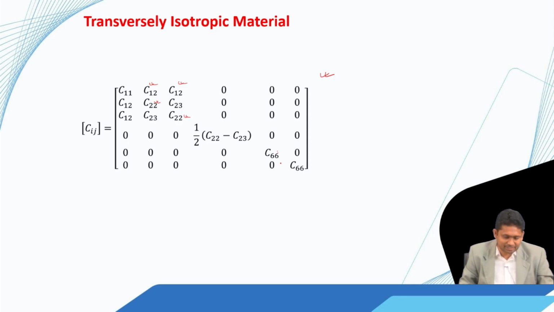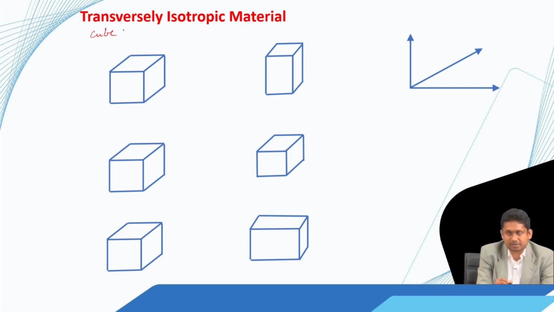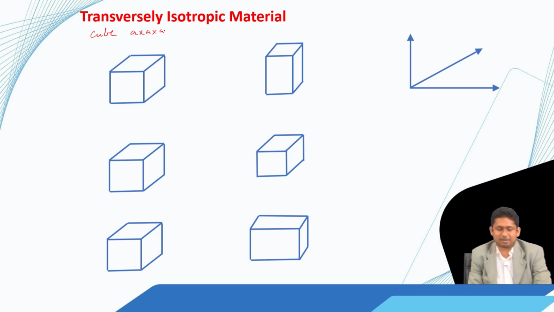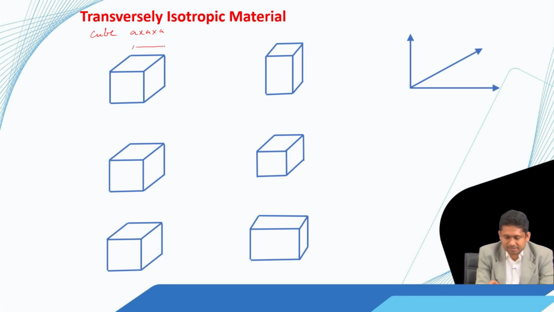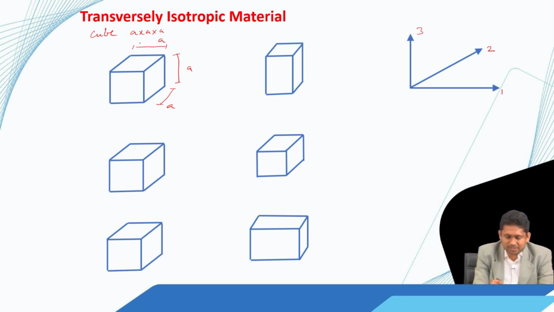Now, let us understand the behavior of this material with a simple example. Let us say that we have a cube and this cube has dimension A multiplied by A multiplied by A. So, all the sides are A. And let us suppose these are our axes 1, 2, 3, and suppose we are loading it along direction 3.